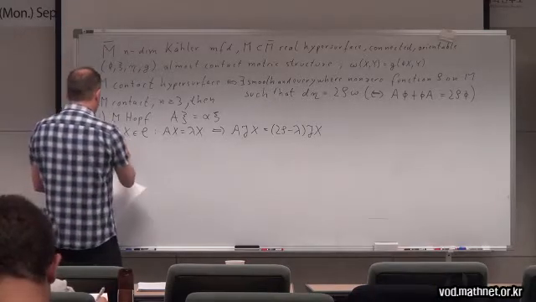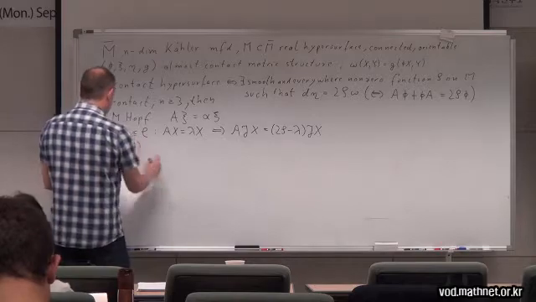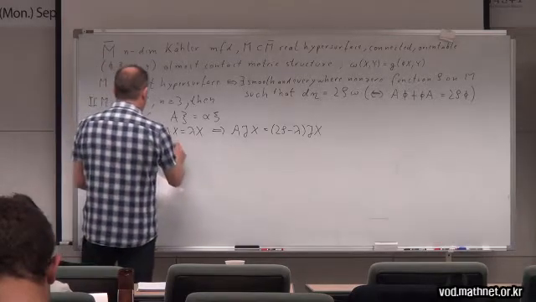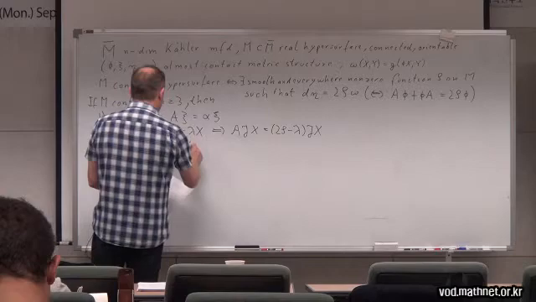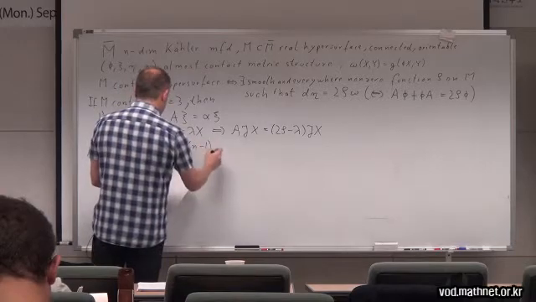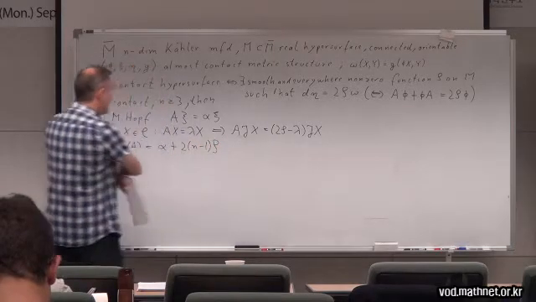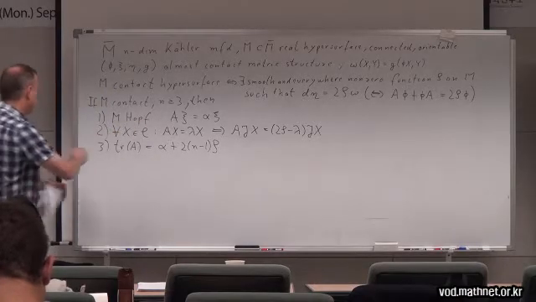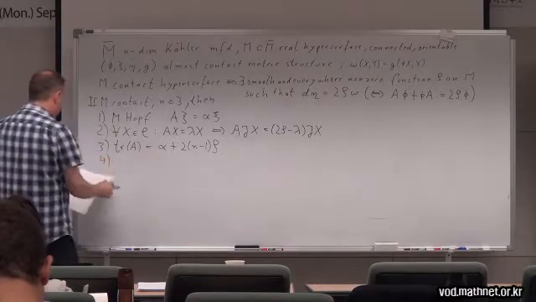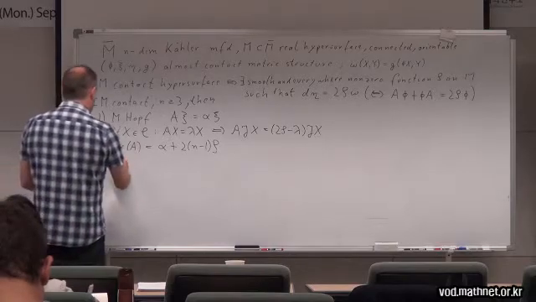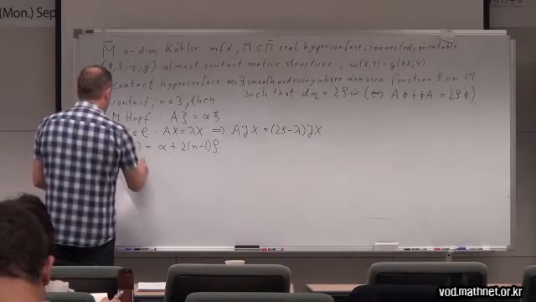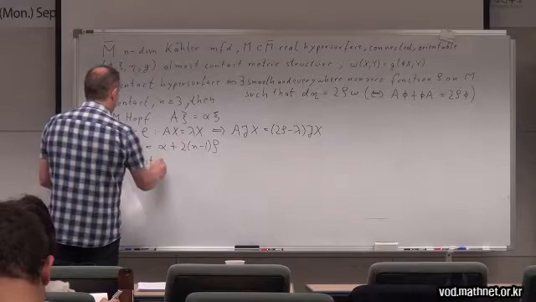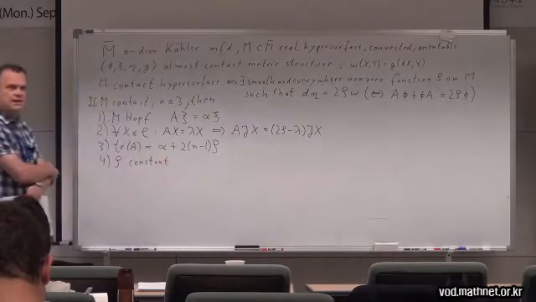Again, we have a good expression for the mean curvature. The mean curvature is alpha plus 2 times n minus 1 times rho, which easily comes from the second condition. The fourth one, and that's an important one, is that rho is always constant.